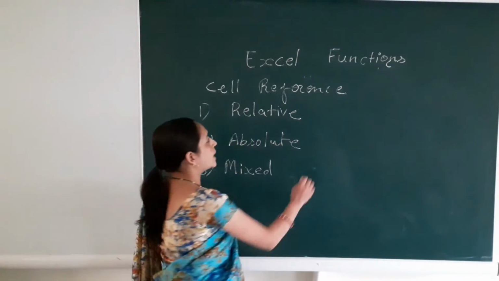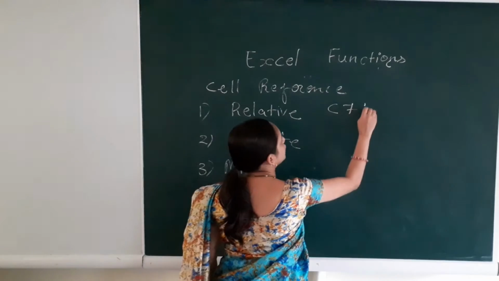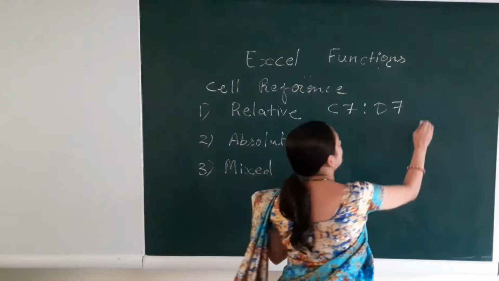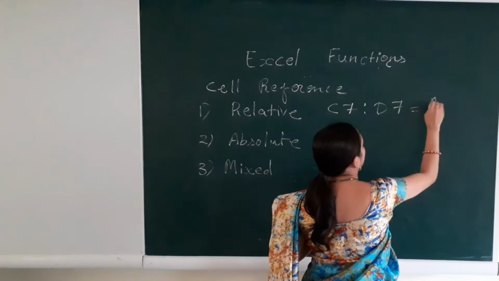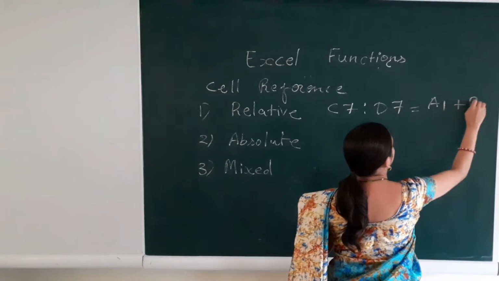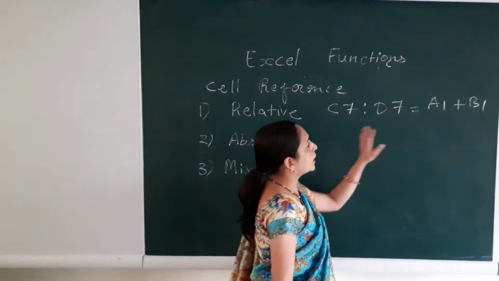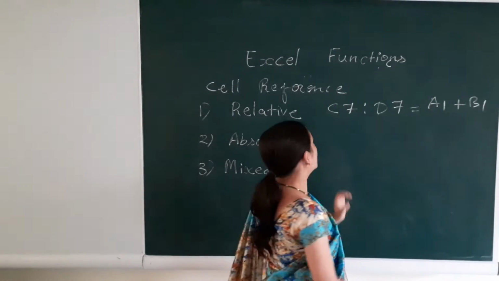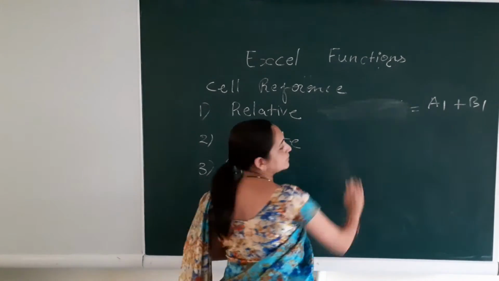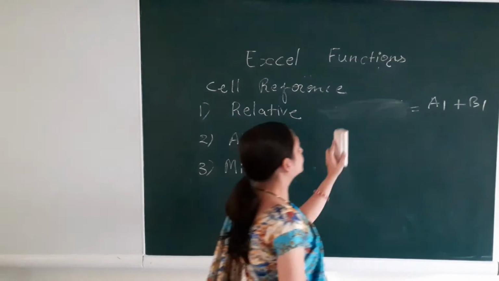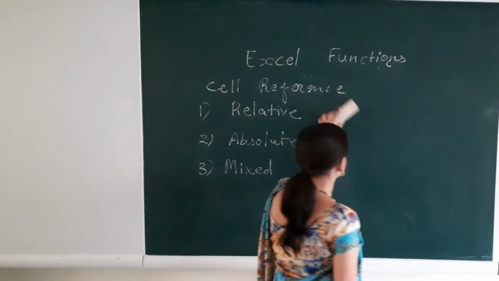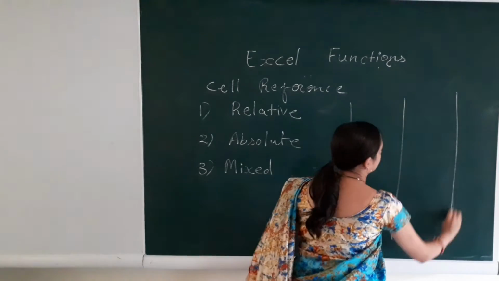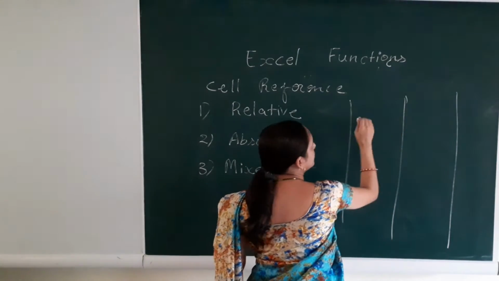This is denoted simply like C7 to D7. Or suppose you have applied a formula on two numbers, A1 plus B1. You can identify that you have used relative cell reference. Now what is the use of relative cell reference? Let's see. For example, you want to add two numbers.